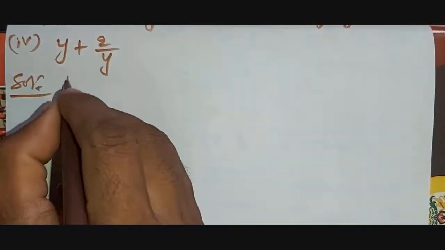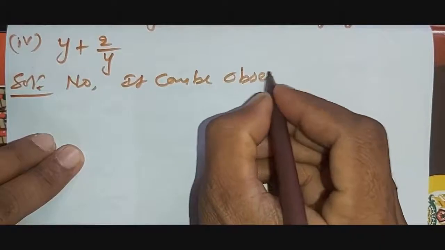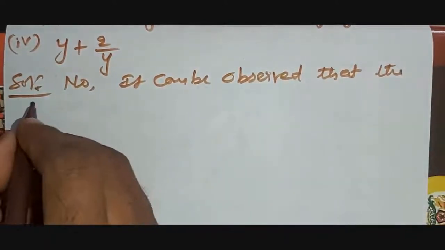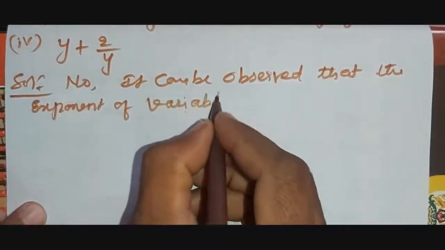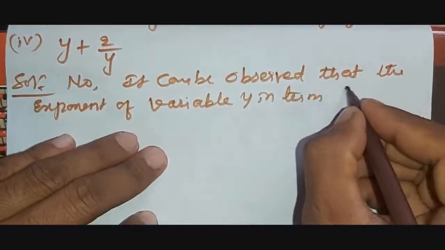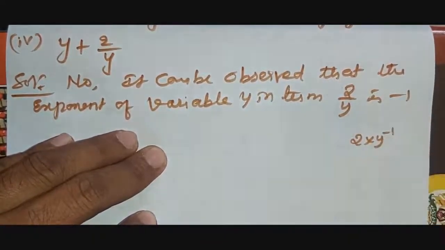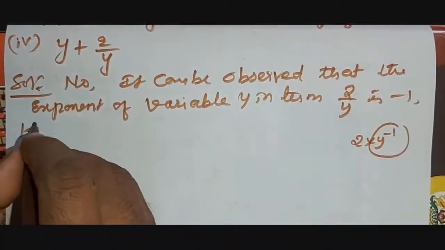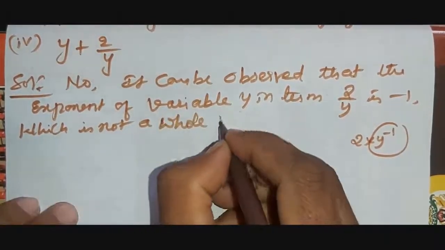Fourth one, y plus 2 by y. This answer is also no. It can be observed that the exponent of variable y in the term 2 by y is minus 1, because 2 into y to the power of minus 1, which is not a whole number.